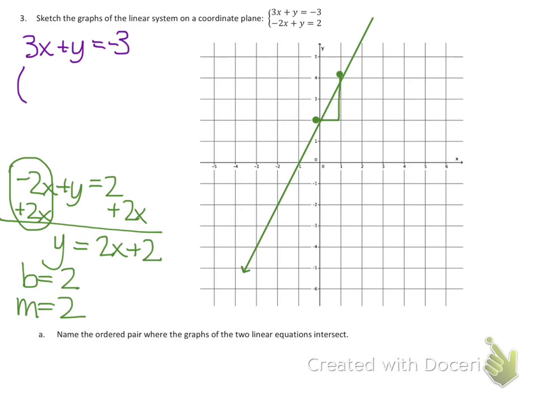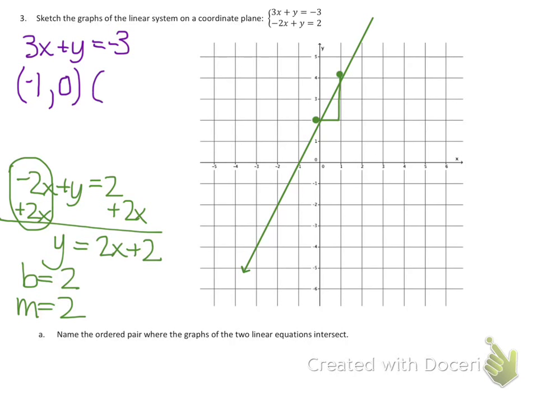So when y is 0, x is negative 1. Again, if y is 0, then I have the equation 3x equals negative 3. So dividing by 3, I would get x equals negative 1. So that would be one of my points.